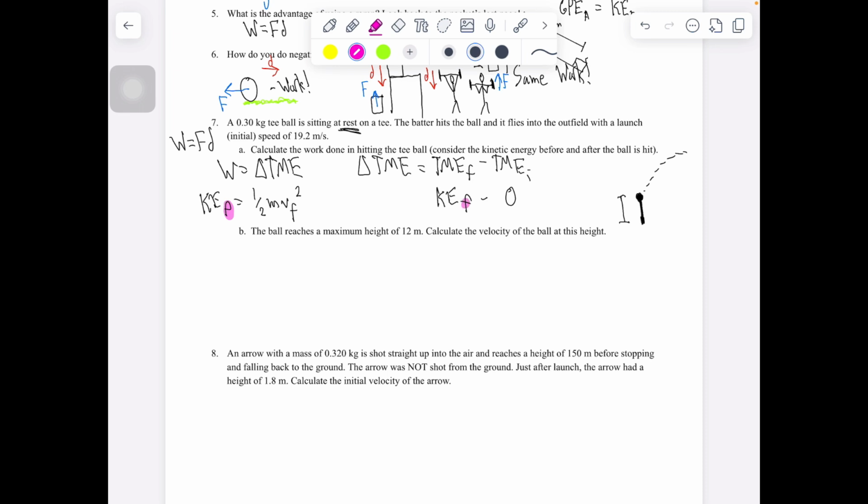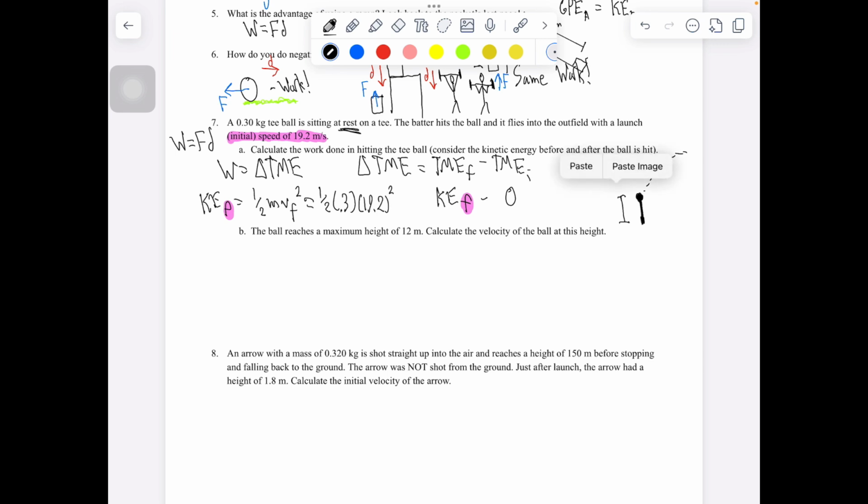This isn't really the very final speed of the object, but the speed after the collision. So we're using this initial speed for our kinetic energy right after we collide. So let's plug that in. We're going to plug in 1/2 times the mass, 0.3, times our velocity, which is 19.2 squared.